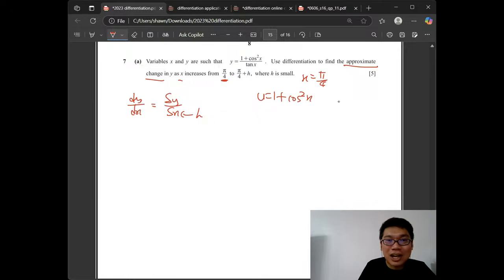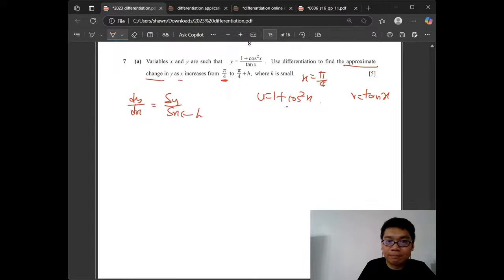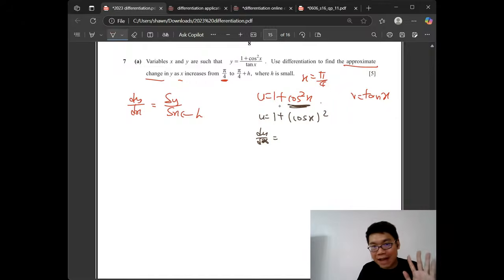Okay, the challenging part of this question is this part. Your trig has a specific power. So in this situation, be extra careful when you do du dx. There is no x to differentiate outside.